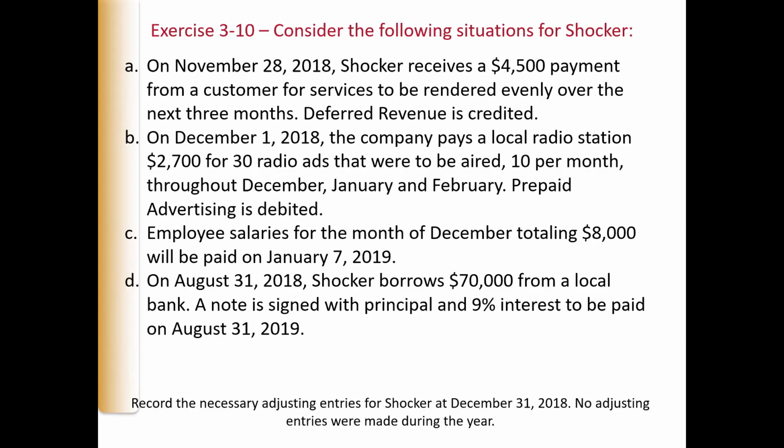How about if you don't mind taking D? Okay. On August 31st, 2018, Shocker borrows $70,000 from a local bank. A note signed with principal and 9% interest to be paid on August 31st, 2019. Mm-hmm. So that's 12 months, I do believe. Yeah. It would be, 2 seconds here.